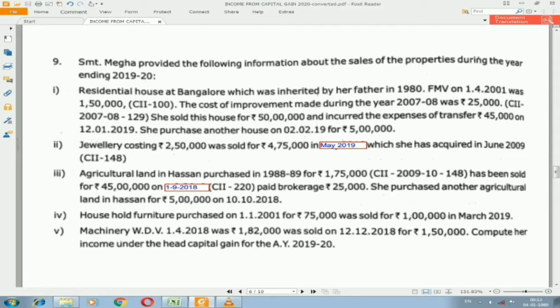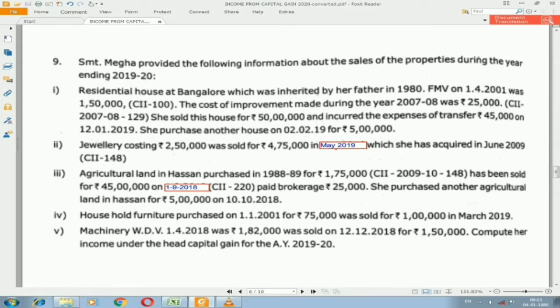There will be no index number for this. It has been sold for 45 lakhs on 1/9/2018. For that also there will be no indexation. You can refer the index number for 2018-19. It will be 280. Paid brokerage rupees 25,000. She purchased another agricultural land in Hassan for rupees 5 lakh on 10/10/2018.